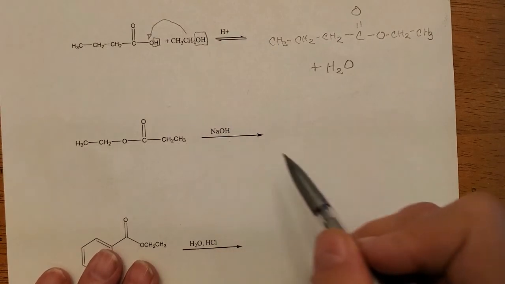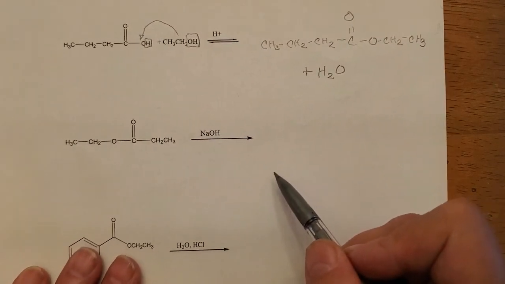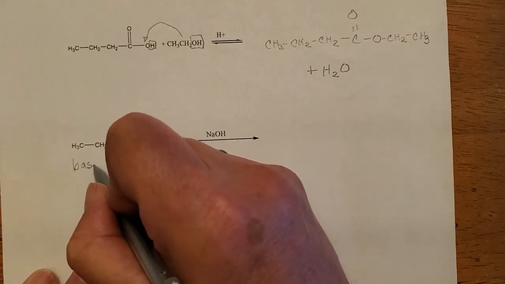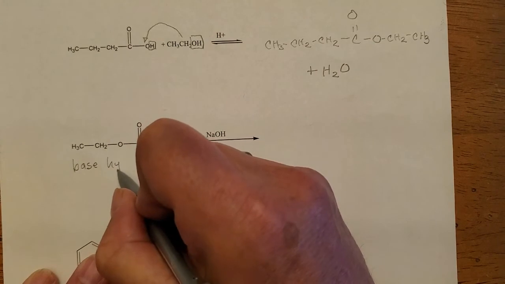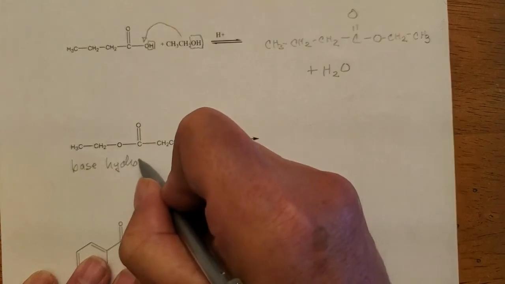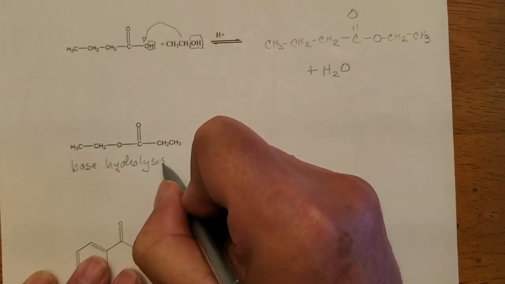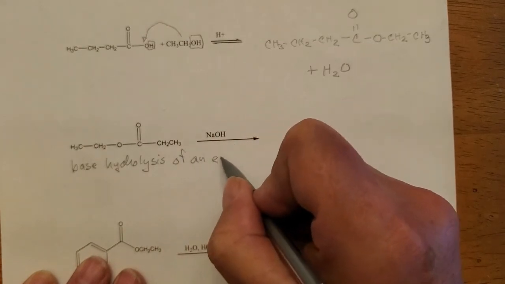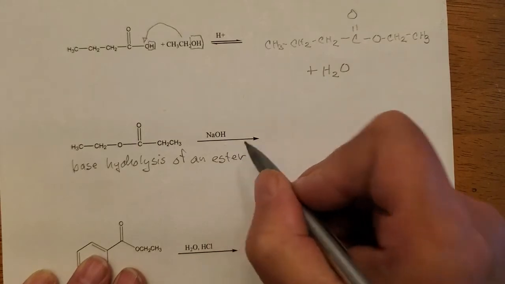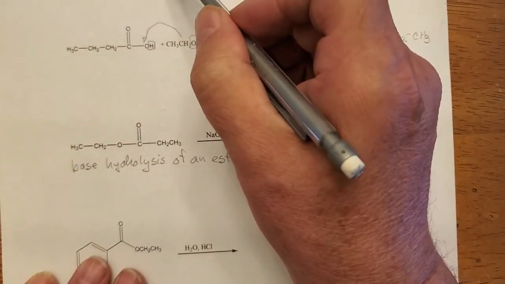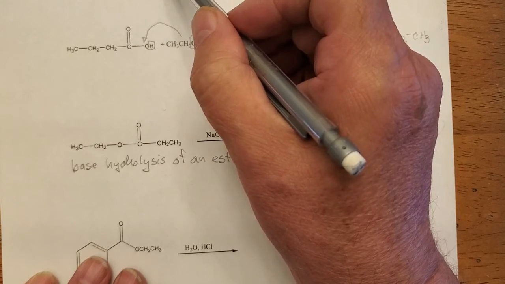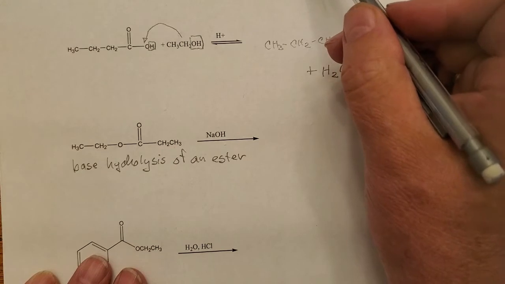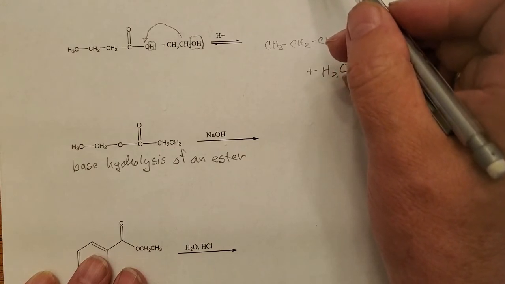Okay, so sodium hydroxide is a base. So we are going to do a base hydrolysis of an ester. It's very similar to the acid hydrolysis of an ester. The only difference is that the acid product is going to be the sodium salt of a carboxylic acid.